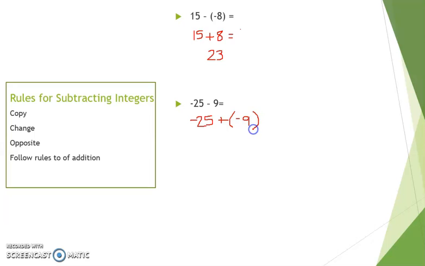And then we're going to follow the rules of addition. Our rules say again, when our signs are the same, we're going to add and keep the sign. So a negative 25 plus a negative 9 gives us a negative 34.